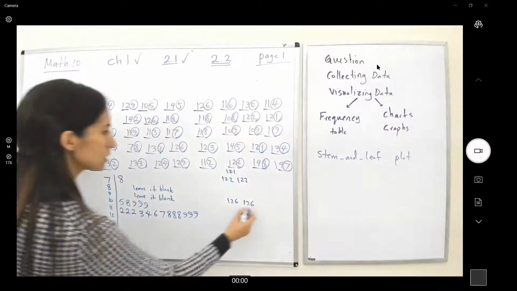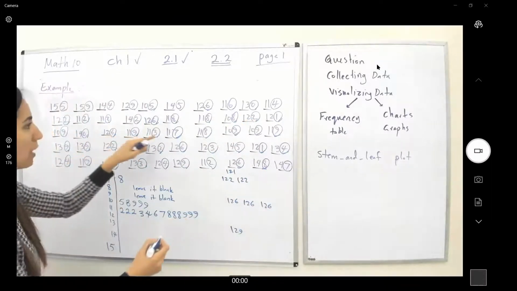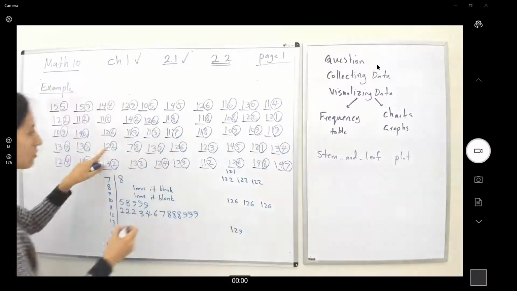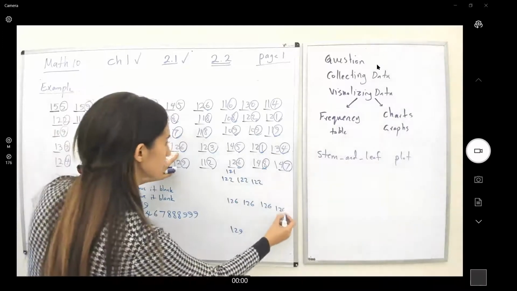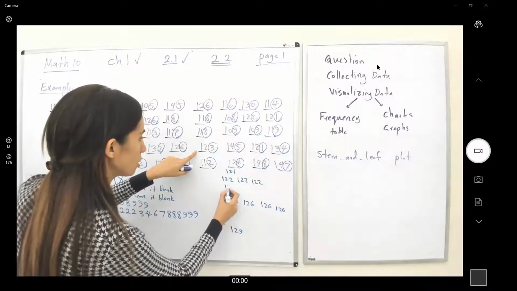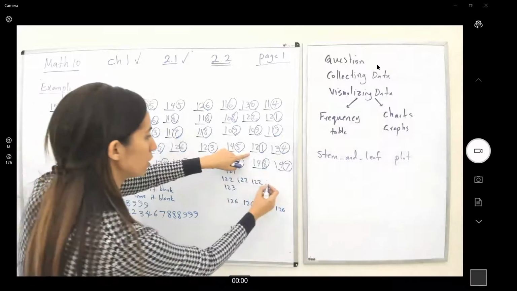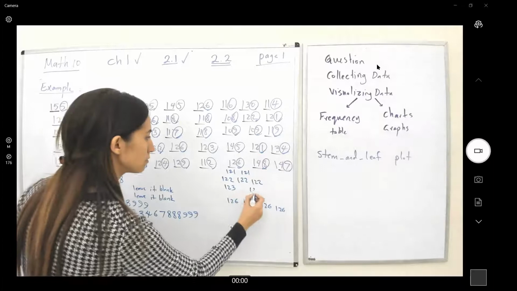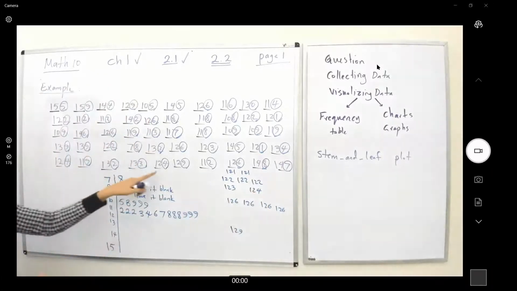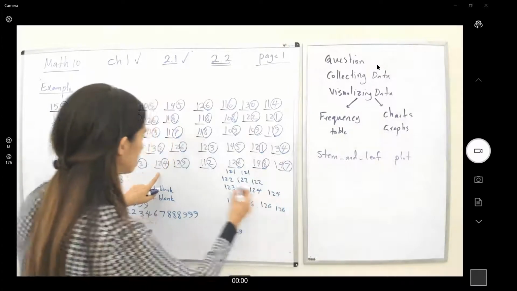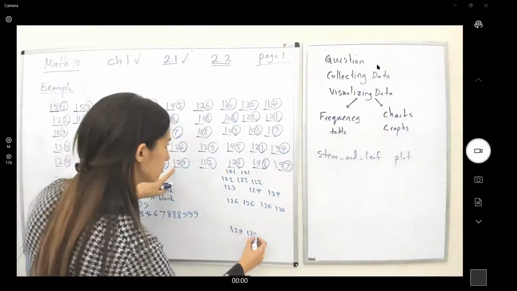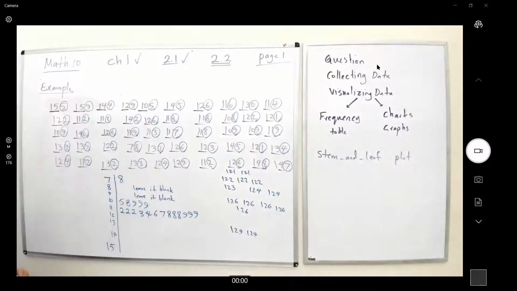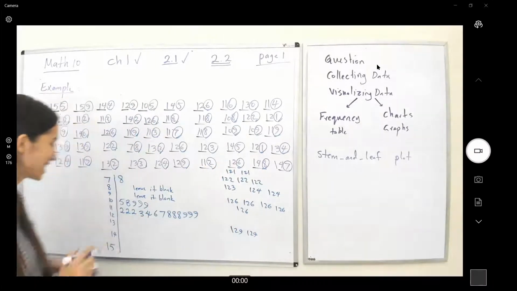Then I have 12.6 again. I have 12.2. Then 12.6. 12.3. Okay. Then I have 12.1. Then I have 12.4. I have 12.4, another 12.4. Then I have 12.9. I have 12.6, another 12.6. Okay, and that's it.